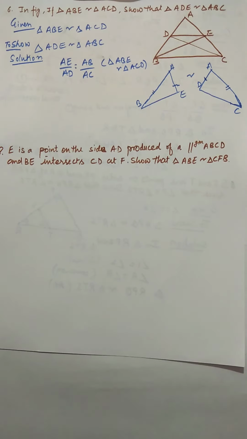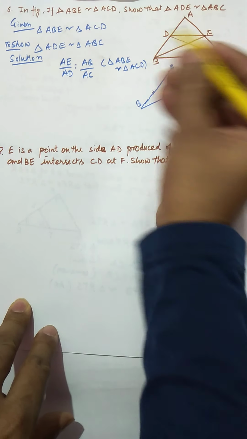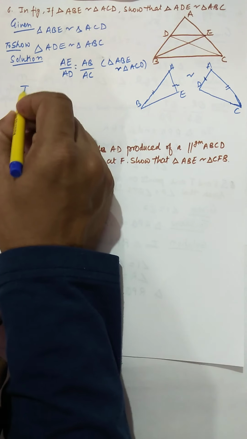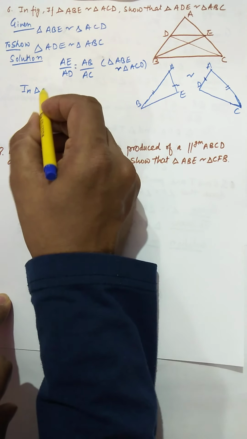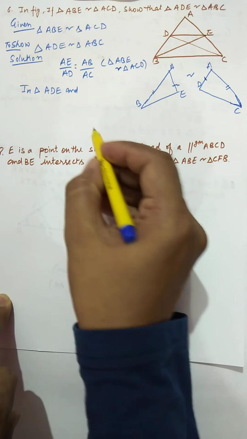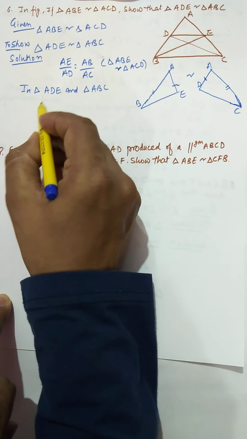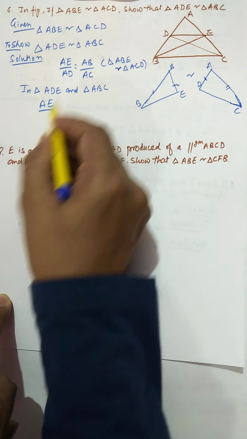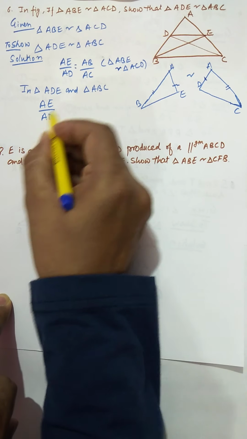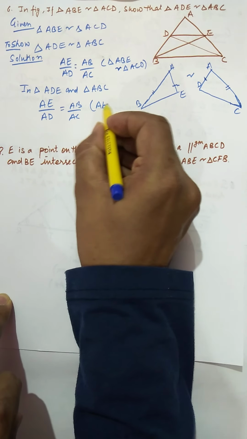So this is the result that you are getting from the given information. Now we take triangle ABE, this is triangle ADE, and triangle ABC. So you can use this thing, AE upon AD is equal to AB upon AC. You can write this above.